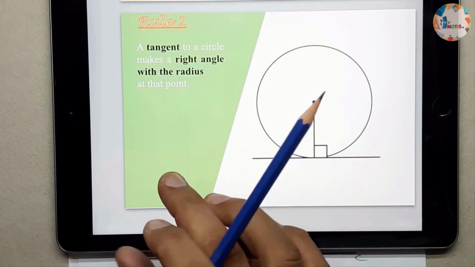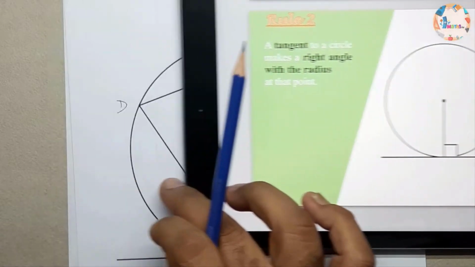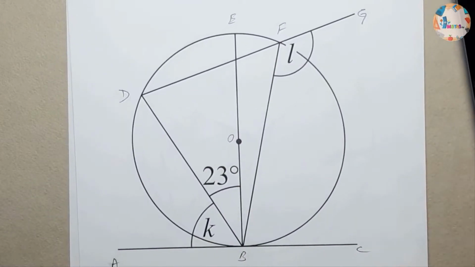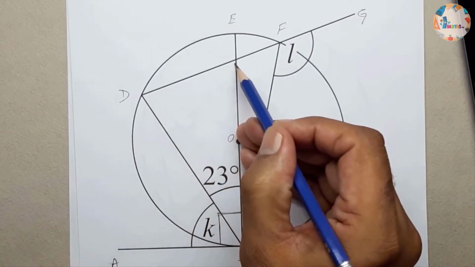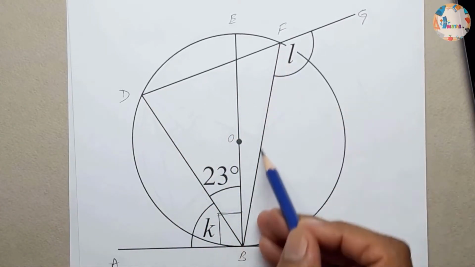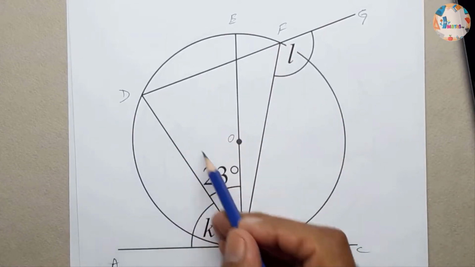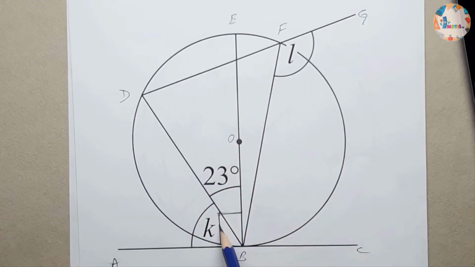So this is the rule which we will be utilizing. By that rule, this angle from this point to this point is 90 degrees. This triangle is not in a semicircle, so we can't take that rule. So this is a 90 degree angle.